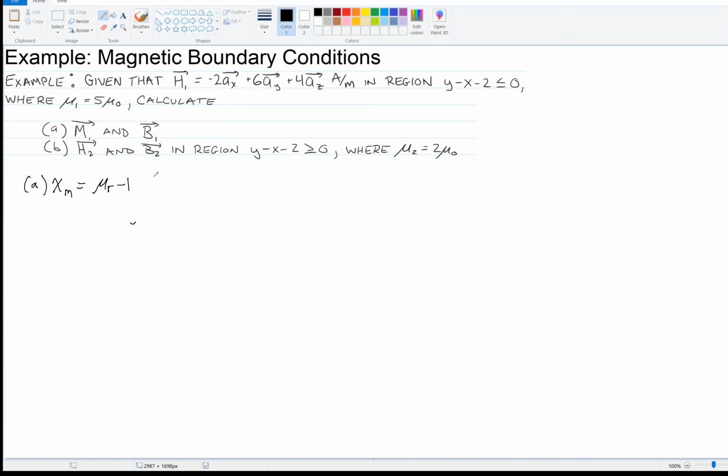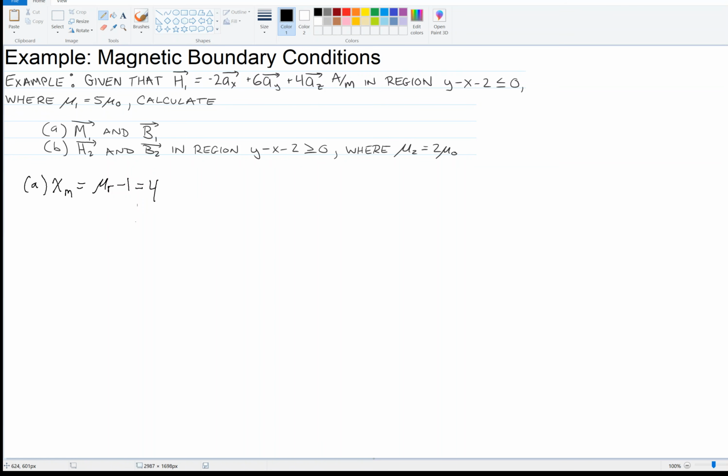Or I think in the lecture videos it was 1 plus the susceptibility is equal to mu r, like that. Okay, so either way. But anyway, I'm just going to erase that. So we've got a relative permeability in region 1 of 5. So this is just 5 minus 1, and that's 4. So that's the susceptibility. No big deal there, right?